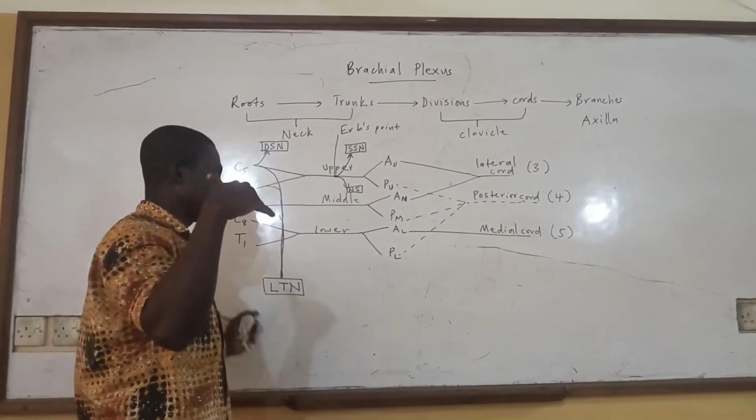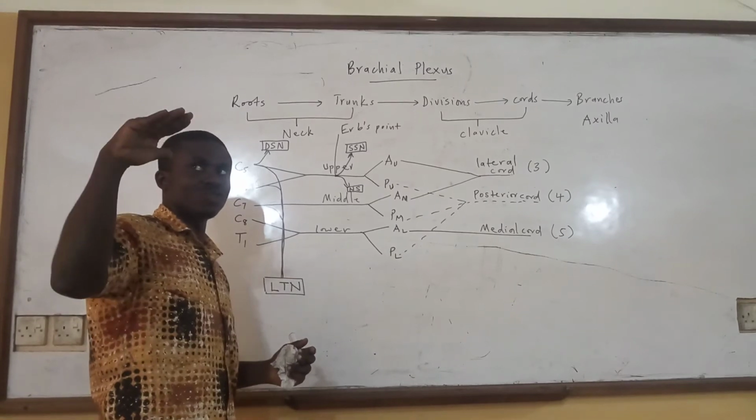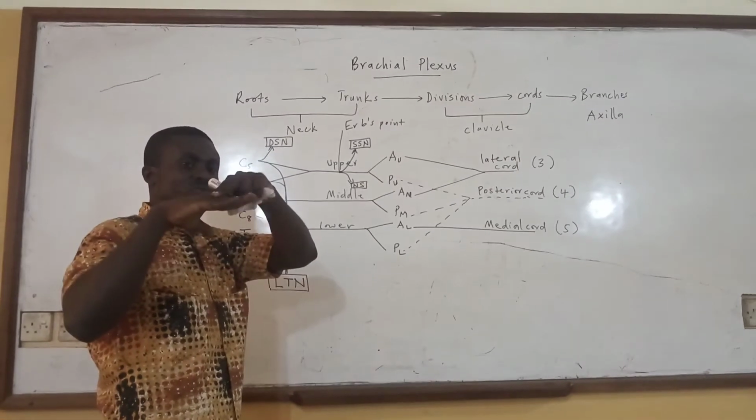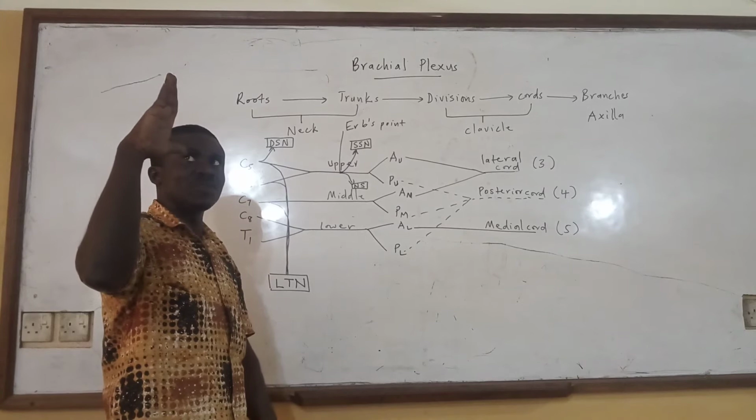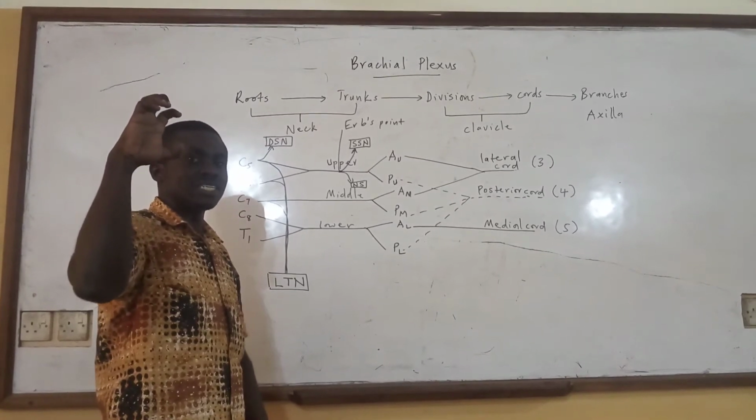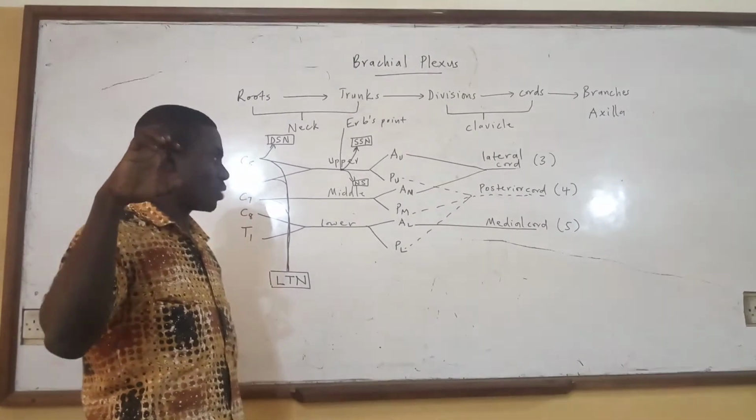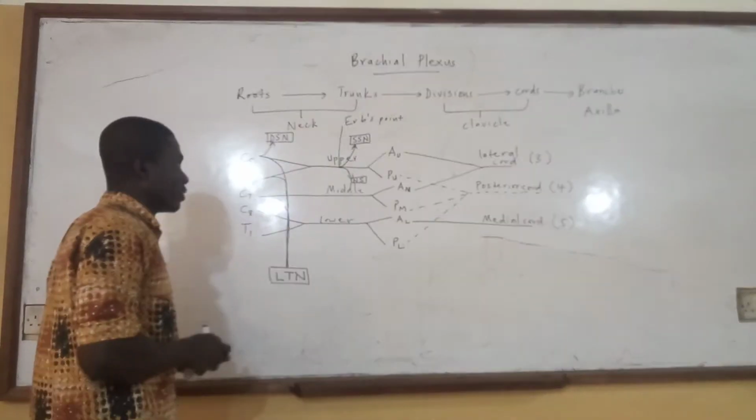So when that happens, it results in the opposite. The metacarpophalangeal joints become extended with the interphalangeal joints being flexed, and this results in what we call a claw hand. So please know that.